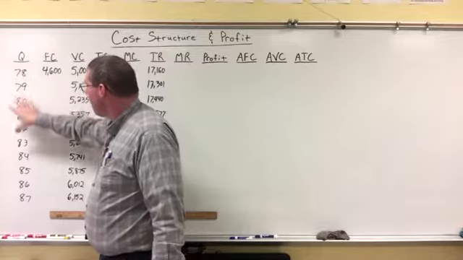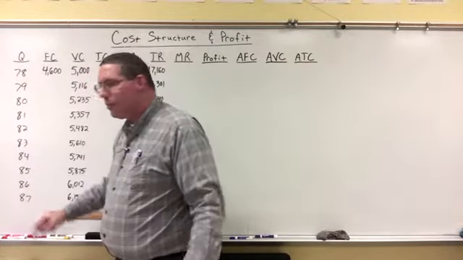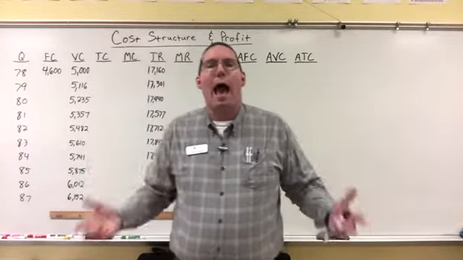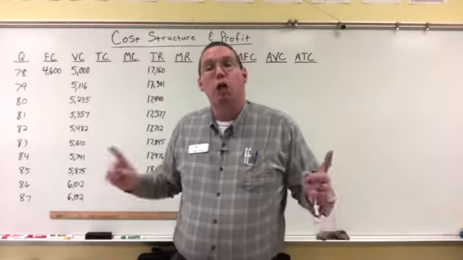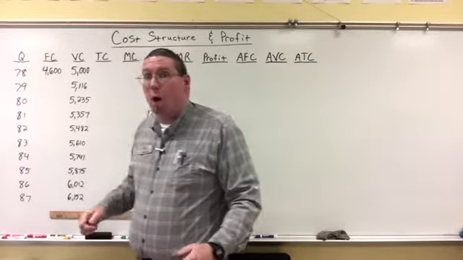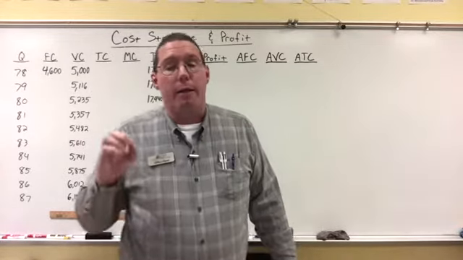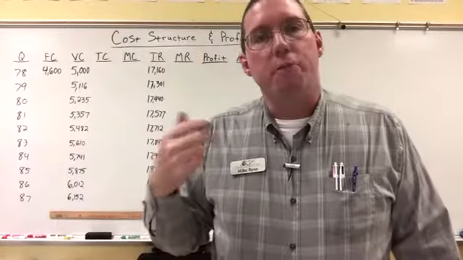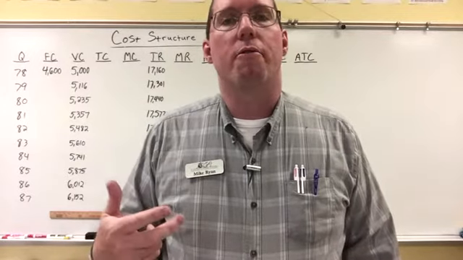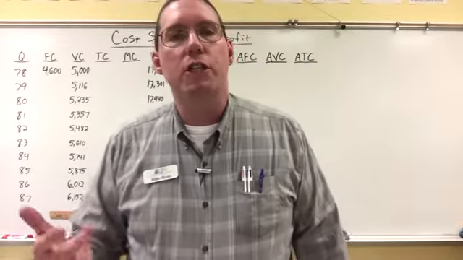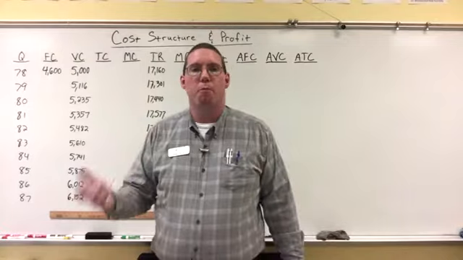Basically, the decision facing the business here is they have to decide, how many should we make? Should we make 81 of them? Or should we make 82 of them? And the main thing that should be leading that decision is whether they are going to profit or not. Which decision would give them the most profit?